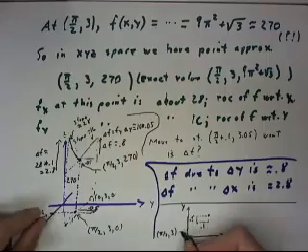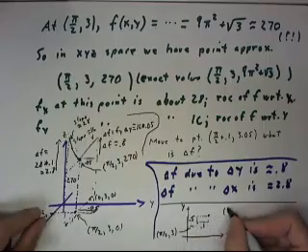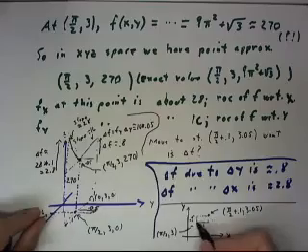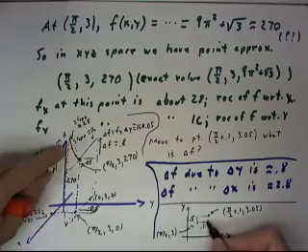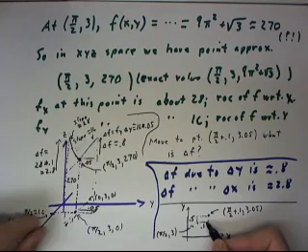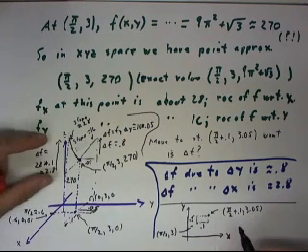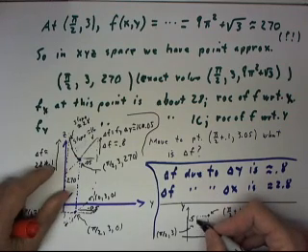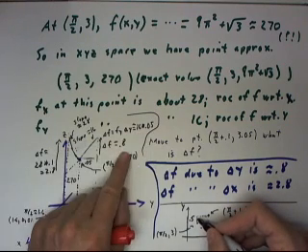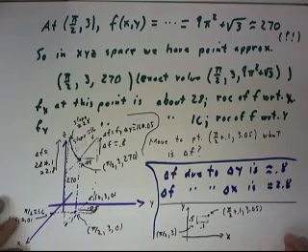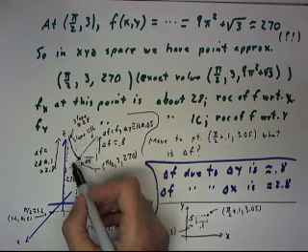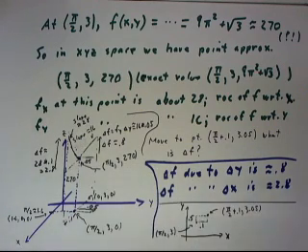Now, this point is pi over 2, 3. This point is pi over 2 plus 0.1, 3.05. By moving 1/10 of a unit in this direction, our function went up by about 2.8 units. Moving 0.05 units in this direction, our function would go up by about 0.8 units. This is assuming that the rate of change doesn't change much over this small region.